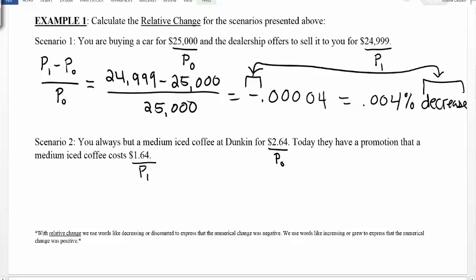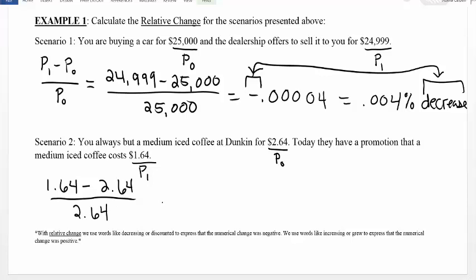So again, applying my formula, I'm going to do P1, which is $1.64, minus P naught, $2.64, all divided by the original amount, $2.64. So again, I'm going to put this into my calculator. Turns out when I put it into my calculator, I get a lot of decimals, unlike the previous problem where I just terminated at 4. There were no other numbers after it.